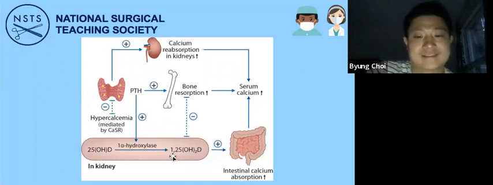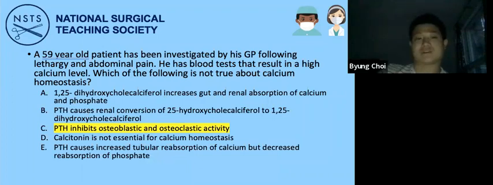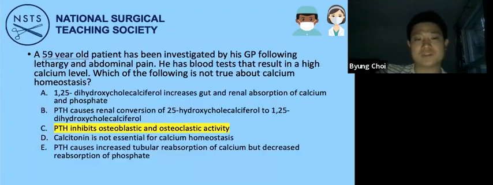And then it's this that aids calcium absorption. It's not in the diagram here, but it does also affect phosphate. So that's true. Parathyroid hormone causes renal conversion from 25 to 1,25, which is clearly true again here. And it's done by 1-alpha hydroxylase. So that's true.